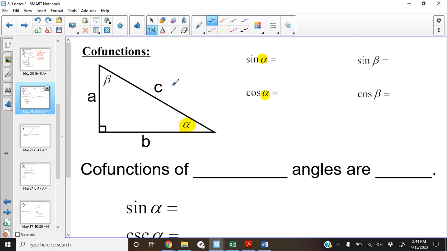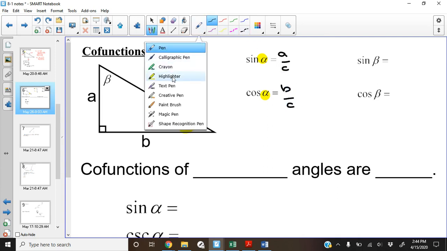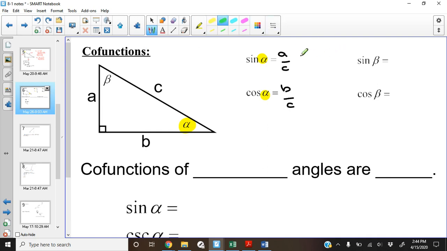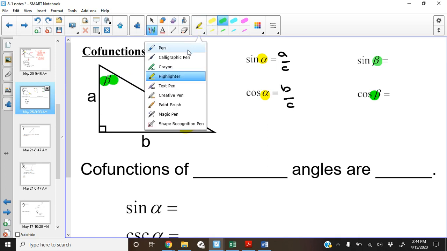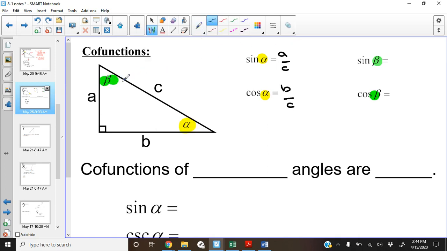Sine is opposite over hypotenuse, so A over C. Cosine is adjacent over hypotenuse, B over C. And if we were to switch and now do angle B or beta, sine of beta is going to be opposite over hypotenuse, B over C. And cosine of beta is adjacent over hypotenuse, A over C.